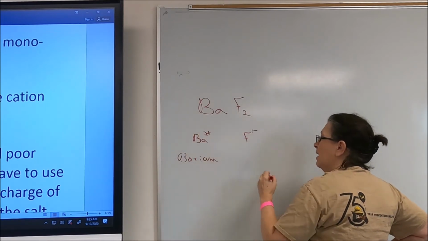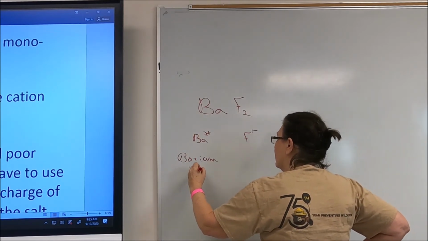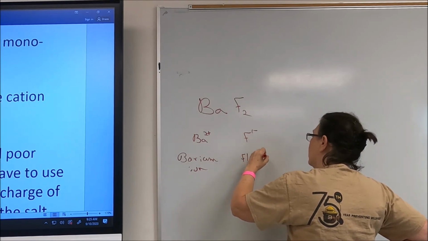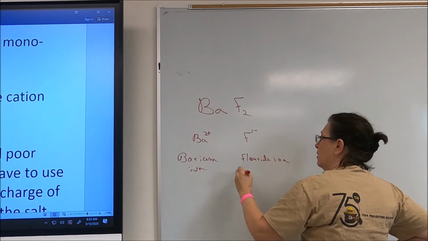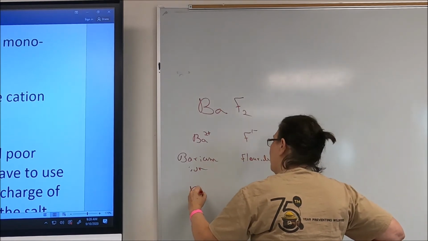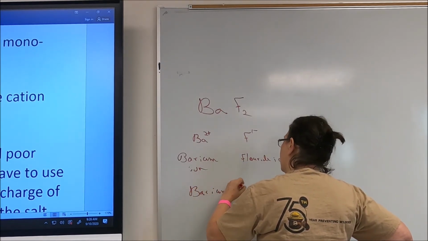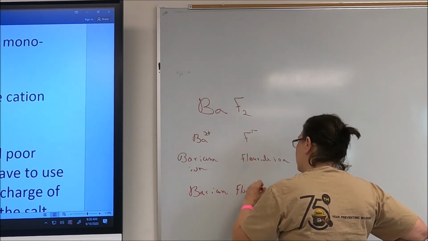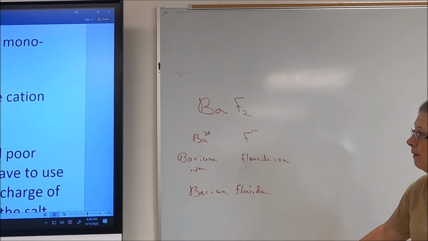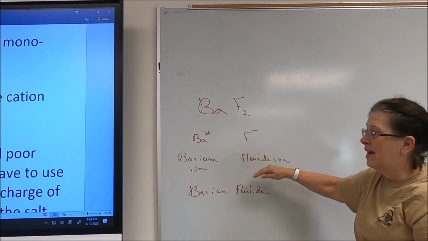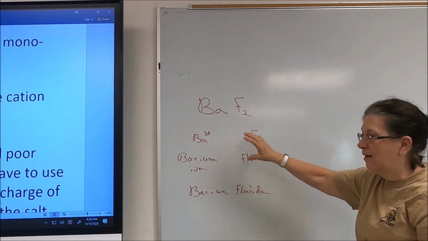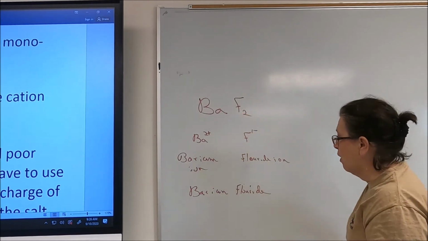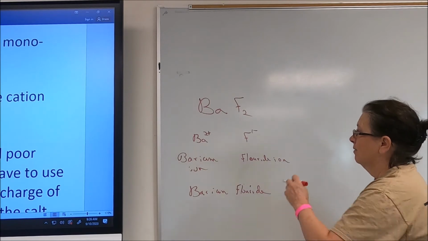The fluoride ion is 1 minus. So I would have barium fluoride. Now guys, you don't have to go through this step, but I'm doing it just to kind of reinforce. You should be able to look at the periodic table for these two and figure out what their charge is, okay?